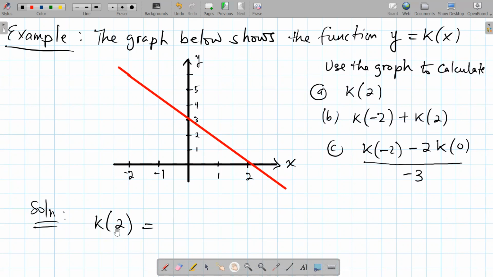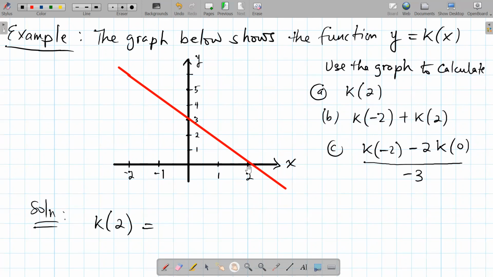Now we understand that the input is from the domain, and because we're talking about a graph, we know that it's x and y. The x there stands in for the input, or it is an element of the domain. So this here tells me that x is 2. So I go to the x value and then locate 2.